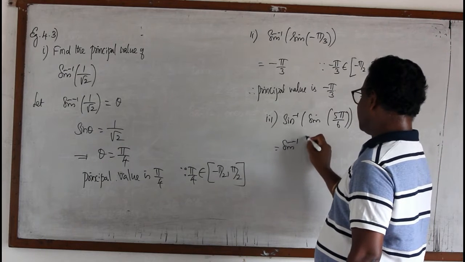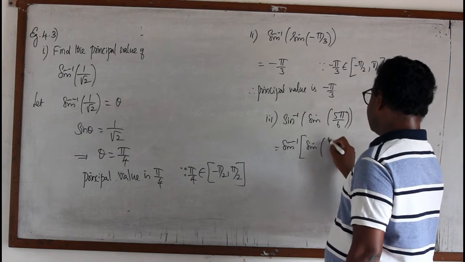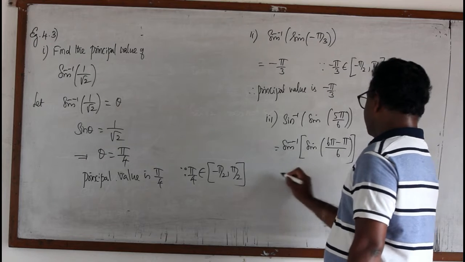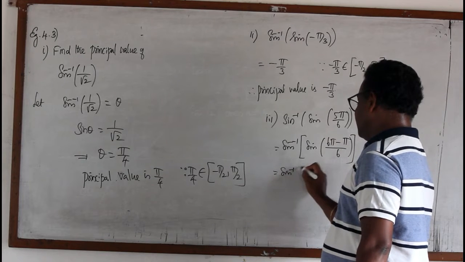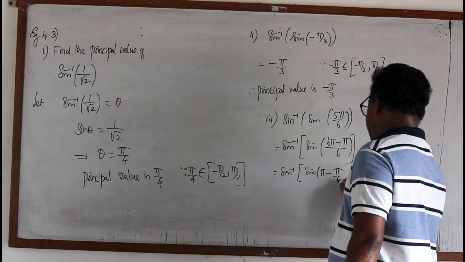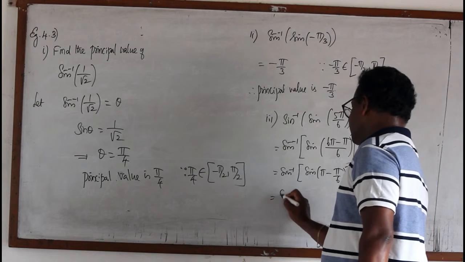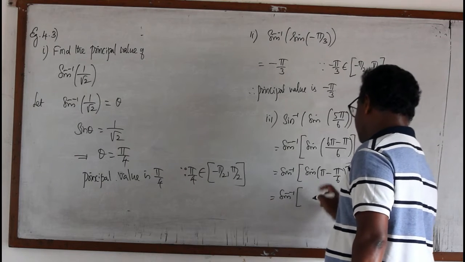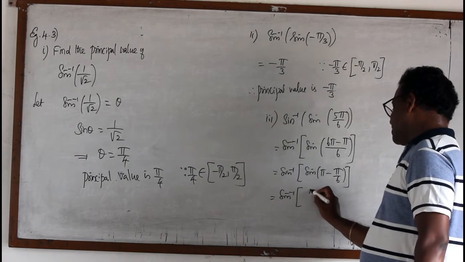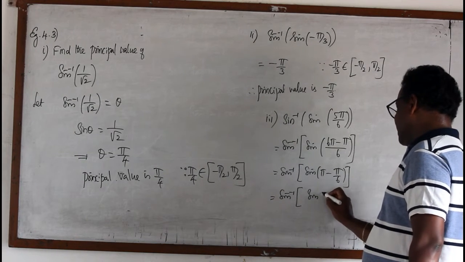That is sine inverse of sine 5 pi by 6. This can be written as 6 pi minus pi by 6, so I can separately divide, and this becomes pi minus pi by 6. Then sine 180 minus theta lies in the second quadrant, where sine is positive, and sine of pi minus theta is sine theta.